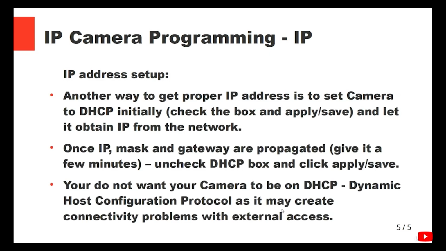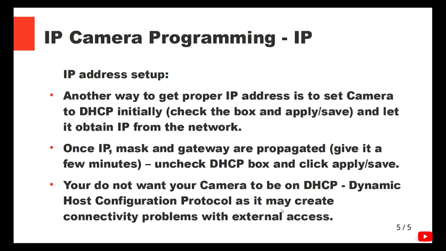Another way to get a proper IP address is to set the camera to DHCP. I already explained in another lesson what DHCP is. So you check that box, you connect the camera to the network, and let the camera run its course, and it will obtain an IP from the network. When it is all done, the camera has the IP, mask, and gateway.